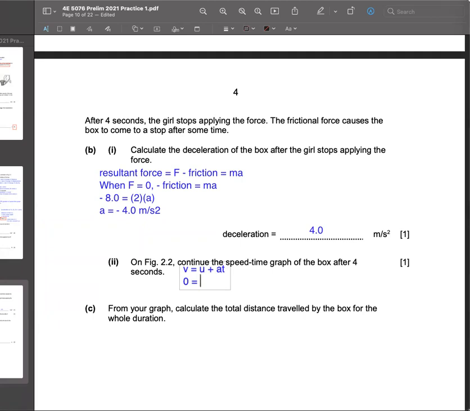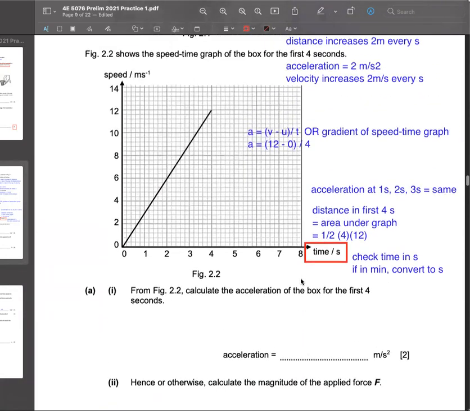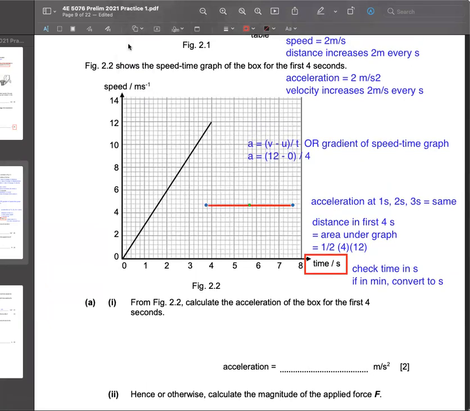Final speed is 0, because you stop. So 0 equals 12 plus minus 4t. From here, you will get t equals 3 seconds. If you go back to the graph, you will get one line. It slows down, then after 3 seconds, so it will be at 7.